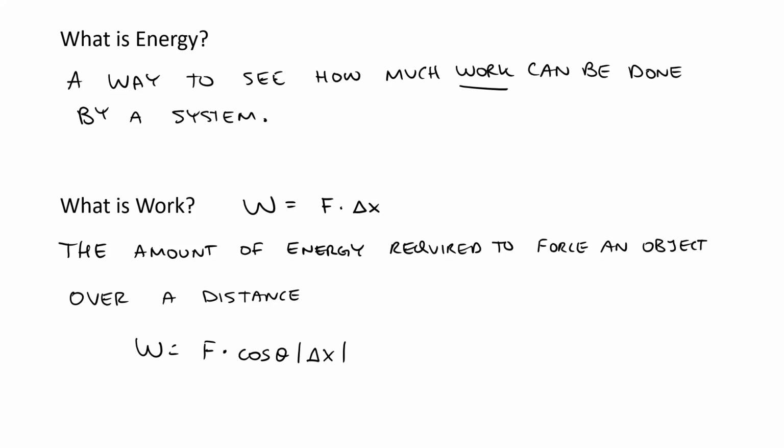And the units for work: force times distance. So the unit of work is a joule. 1 joule equals the unit of force, newtons, 1 newton times the unit of distance, meters. SI units.